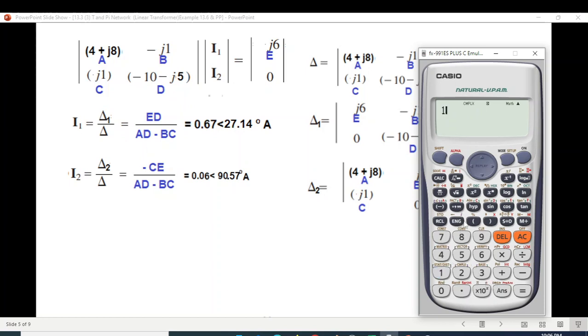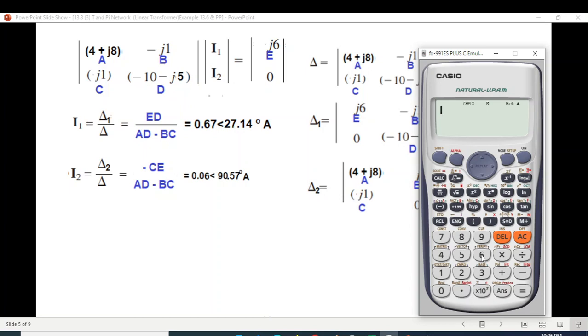That means 1I, shift store C. C is assigned. And D is minus 10 minus 5I. So minus 10 minus 5I, shift store, and this is D. So D is here. So this is store. And finally, J6 is A.